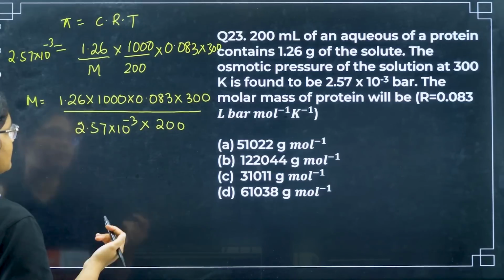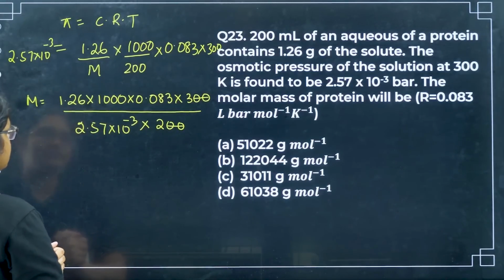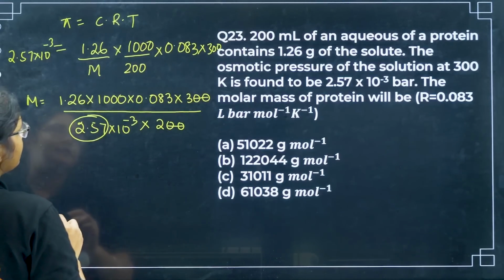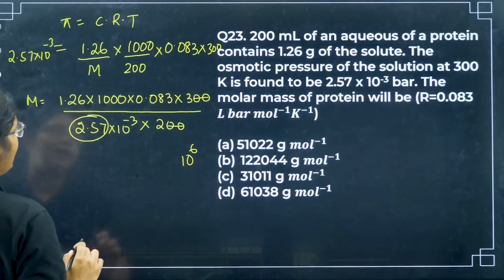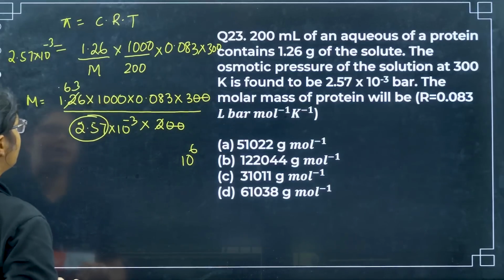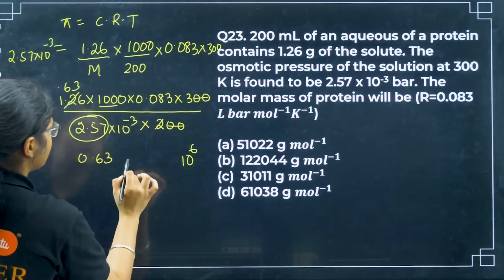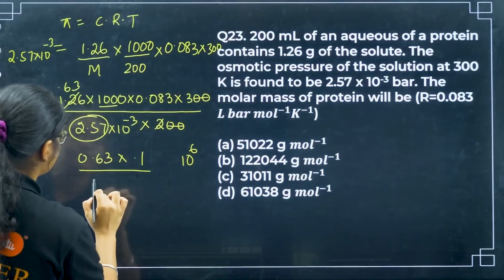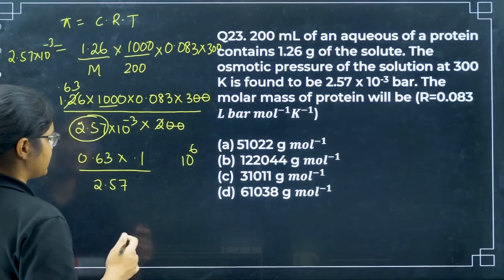So now let us do some approximation and we'll try to solve it. This and this I can cancel. Okay, so next this 2.57 is there, and I can make this 10 to the power of 6 first of all, and 1.26 I can cancel here, 0.63, okay, this one and this one I have written already, then 0.083 I'll make it 0.1, and I have here 2.57, so somewhere 63 divided by 257.